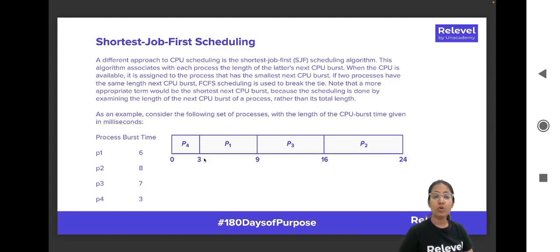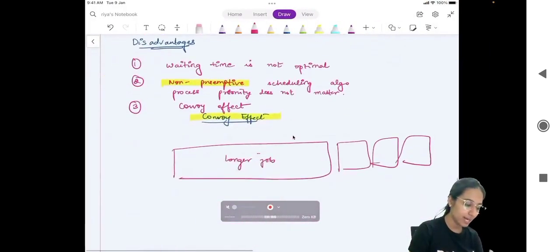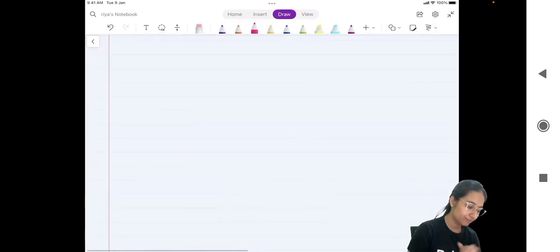If two processes have the same CPU burst, first come first serve scheduling is usually used to break the tie. Note that a more appropriate term would be shortest next CPU burst, because the scheduling is done by examining the length of the next CPU burst of a process rather than its total length. So let's understand this using an example.